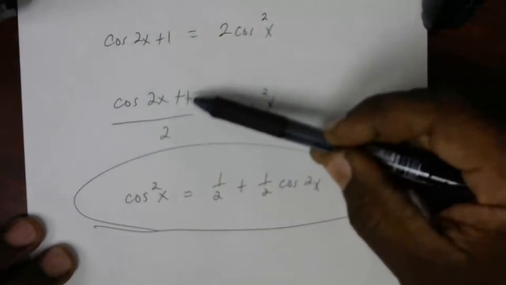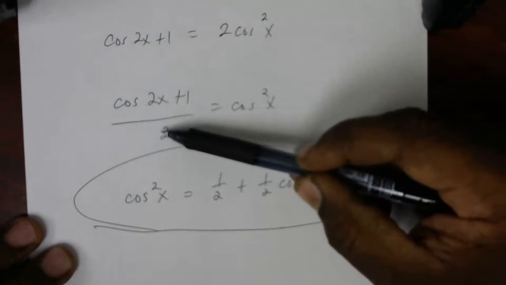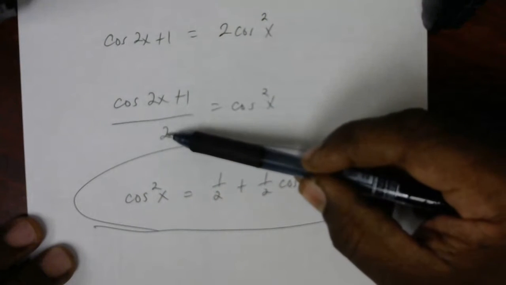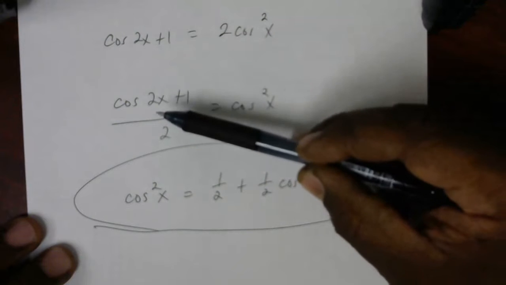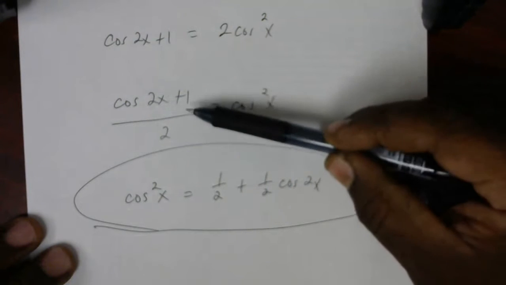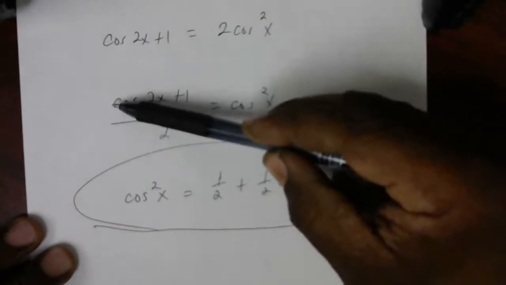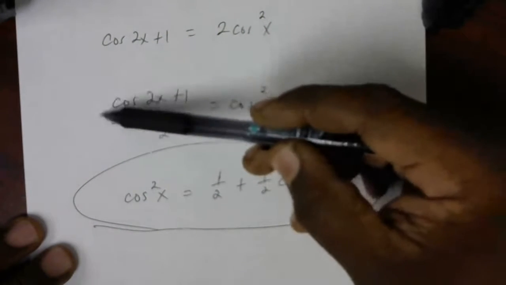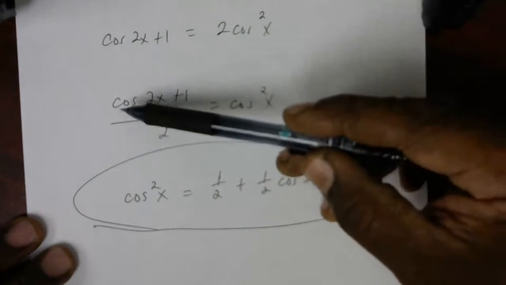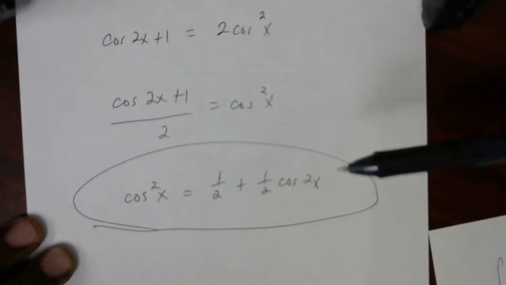All right, so I'm just using the divide by a monomial rule from algebra. It says that if you have a monomial in the denominator, it serves as a denominator for every term in the numerator. So I can actually write this as 1/2 plus, keep in mind there's an understood 1 for cosine 2x, so I can write that as 1/2 cosine 2x.